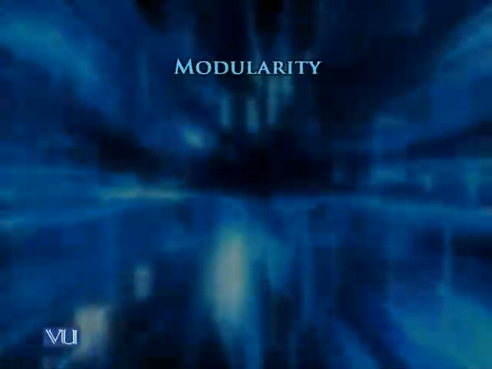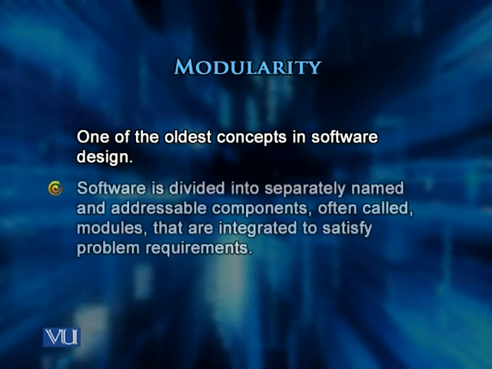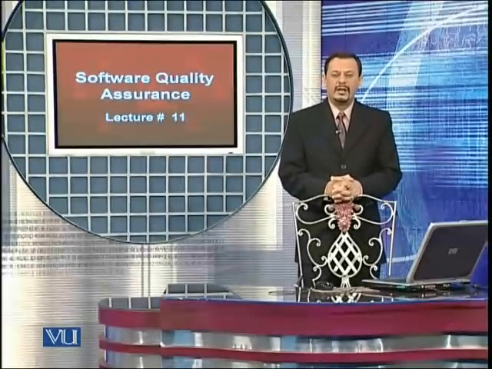Then comes the most misused terminology in software engineering, and that is modularity. One of the oldest concepts in software engineering and software design. Software is divided into separately named and addressable components, often called modules, that are integrated to satisfy problem requirements. Modularity is the single attribute of software that allows a program to be intellectually manageable.